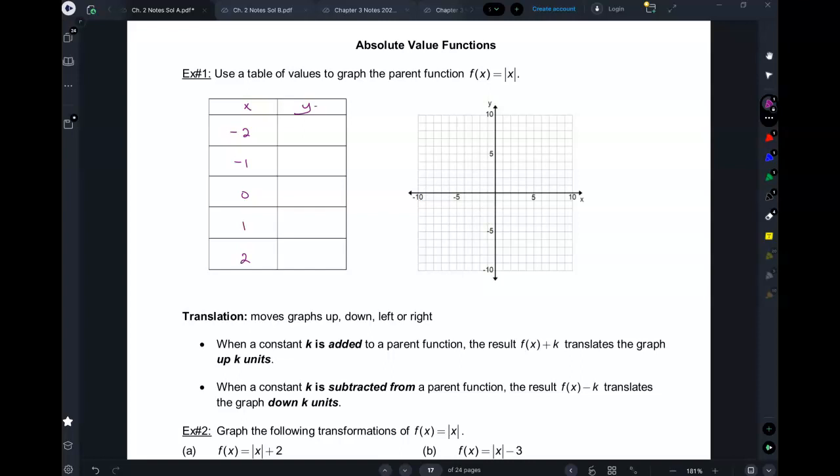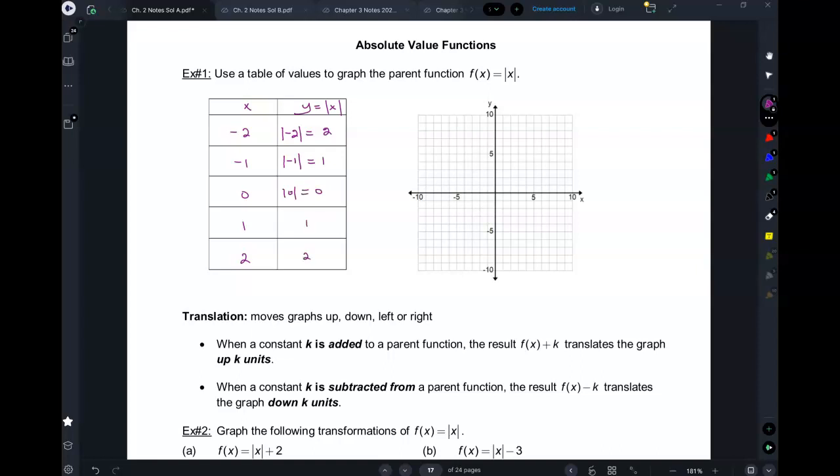So I plug -2 in here. So the equation is y equals absolute value of x. It'll be absolute value of -2. We just get 2. Absolute value of -1. How much do we get? 1. And absolute value of 0 is 0, and then a 1 and a 2.